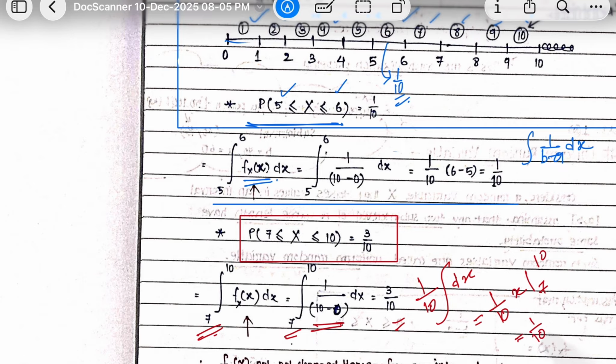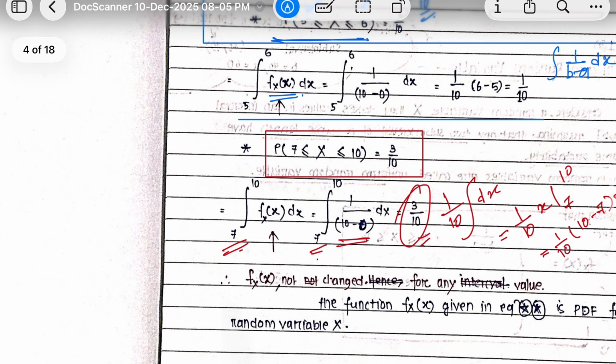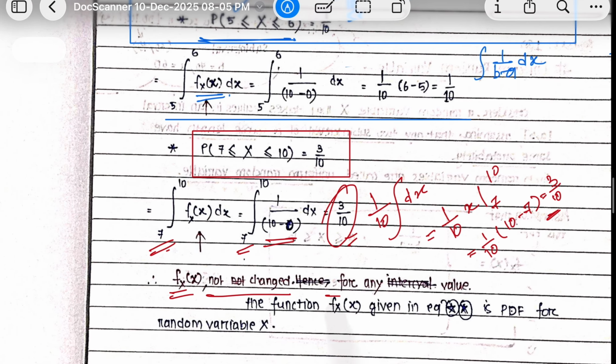So 1 by 10 times that is, 10 minus 7 by 10. This is your answer. So f of x does not change for any value. F of x is fixed for an interval. It must be included for the interval.